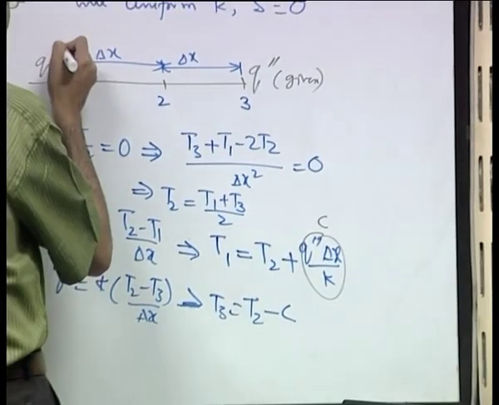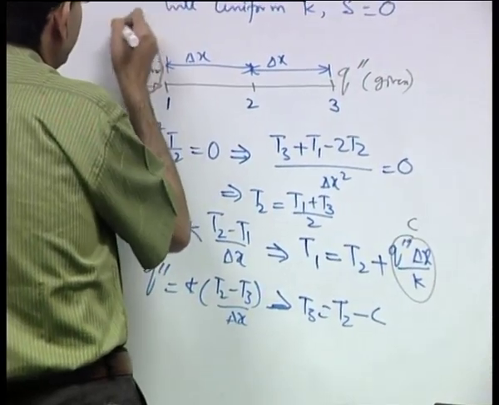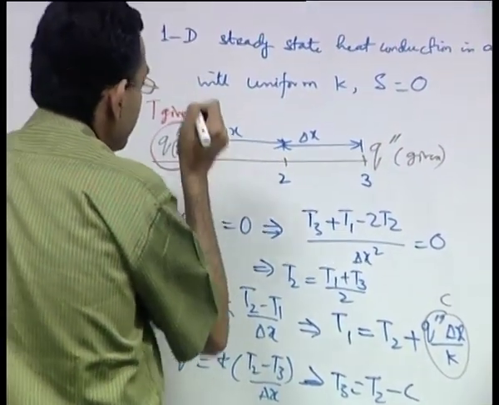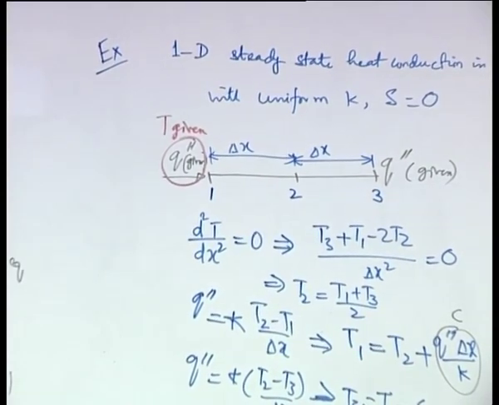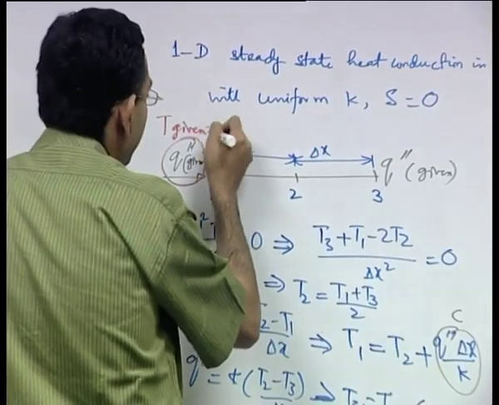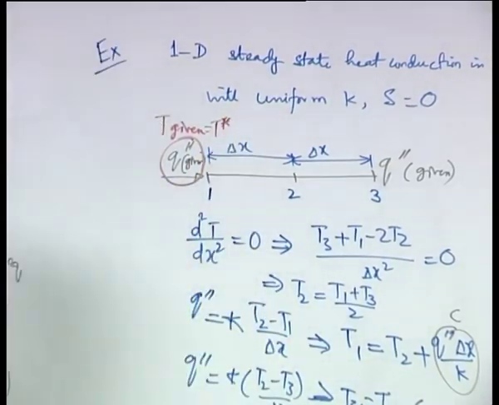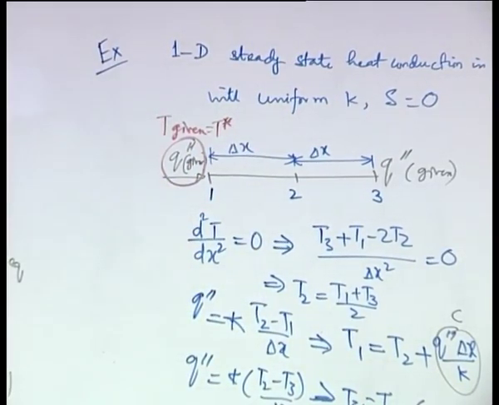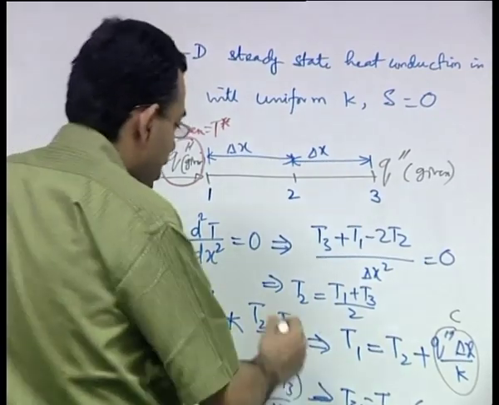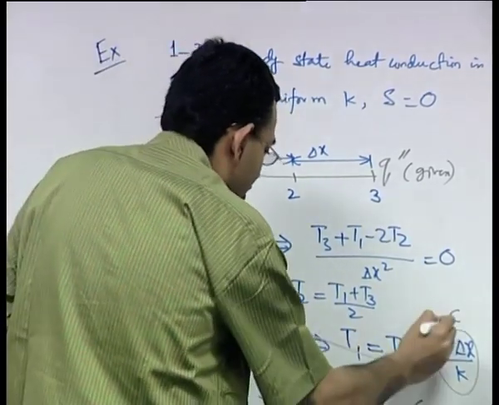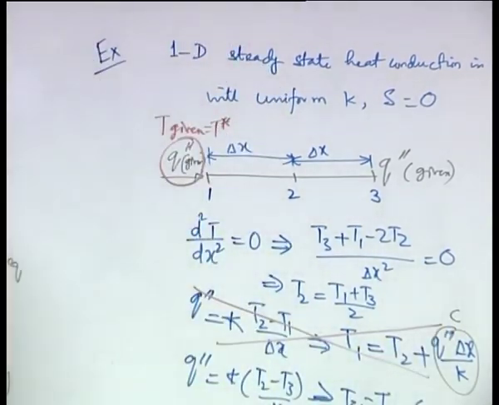So, in place of q given you have T given. Let us say T equal to some T star. Then this boundary condition will not be the boundary condition for grid point 1. For grid point 1 the boundary condition is T star.